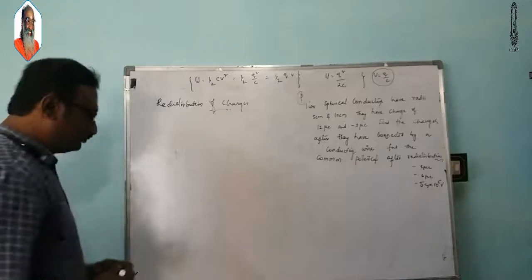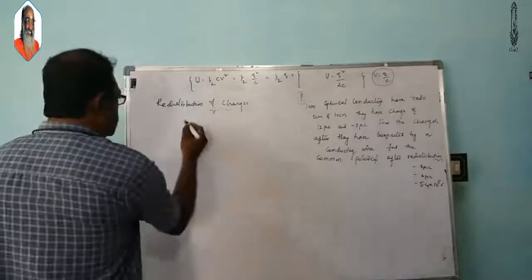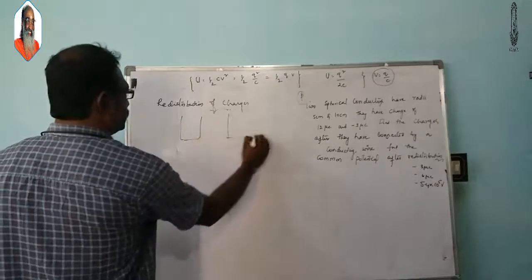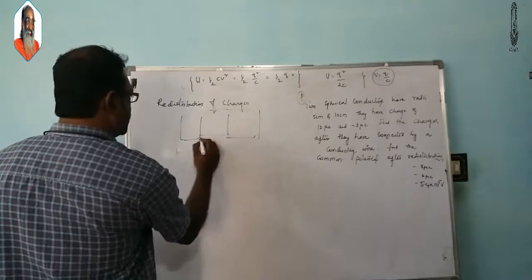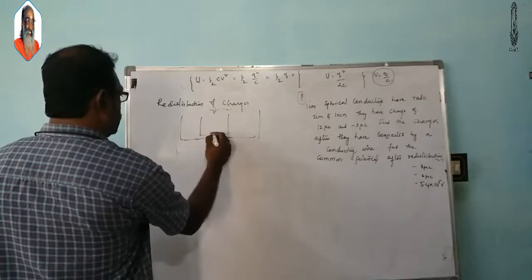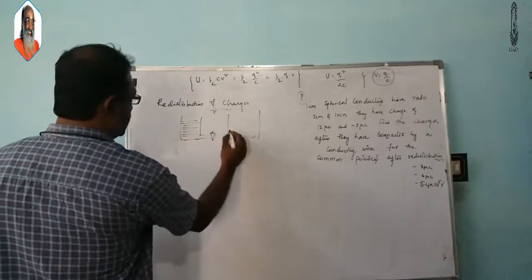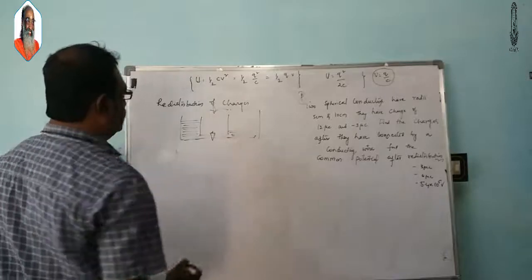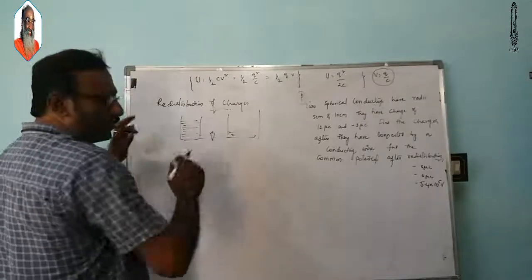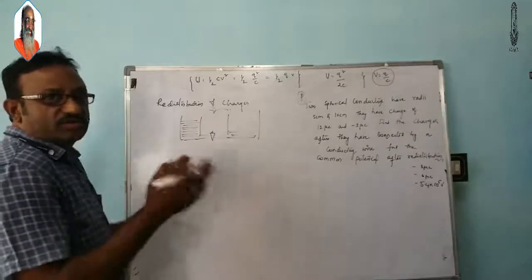Already you know a concept. Suppose we have two beakers which are connected at the bottom, and suppose one has the level of water up to here and the other up to here. If you open the tap here, the water will certainly flow from one container to the other because the levels are different.